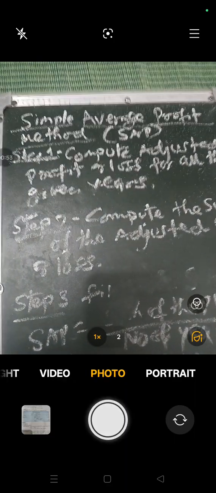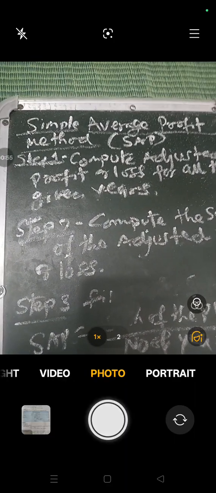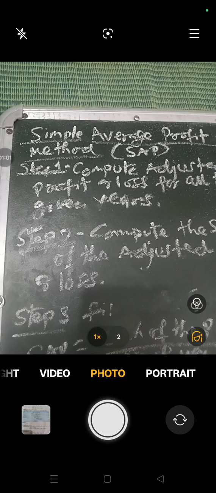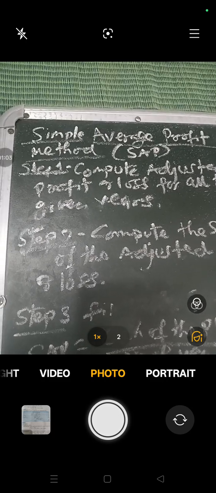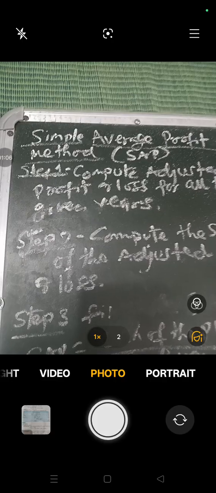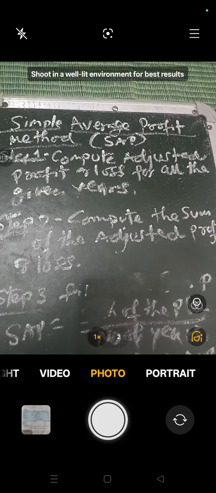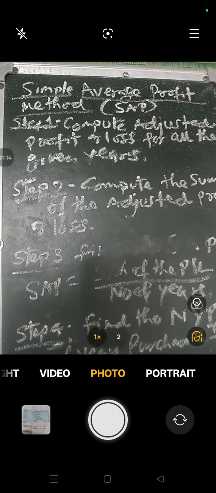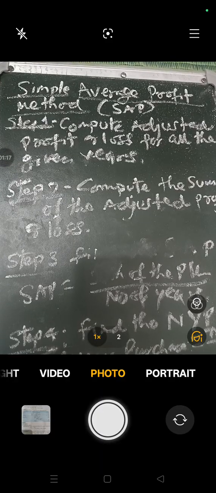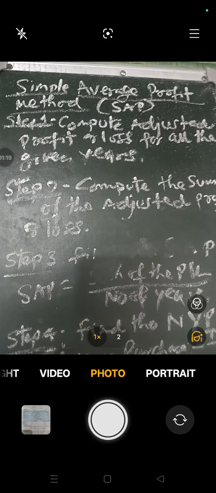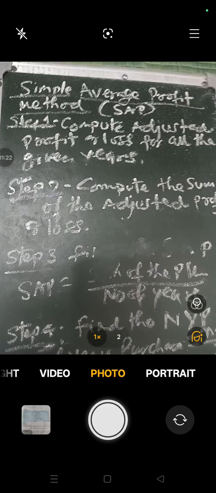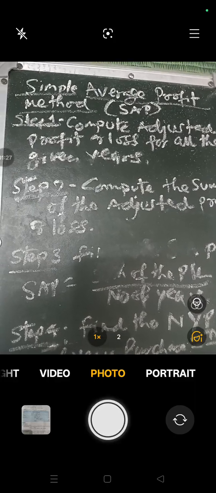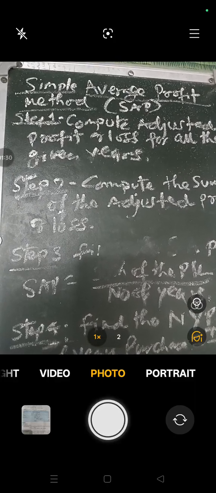Actually, in your question, there will be 3 years, 4 years or 5 years for which we might be given the profits or the losses. Some years might have profits, some years might have losses. For valuating goodwill, we need to take only operating profit. But the traditional practice is that the net profit includes non-operating income, non-operating expenses and losses.